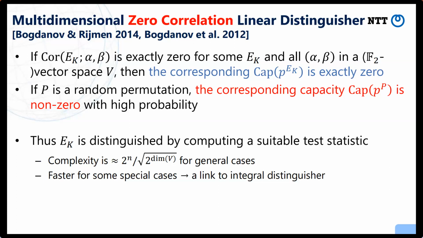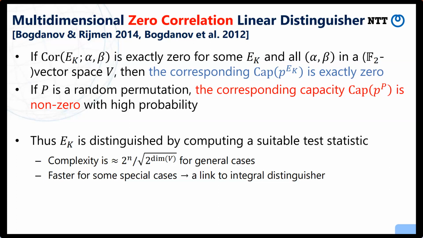On the other hand, for random permutation P, the corresponding capacity will be very small, but still non-zero with high probability. And so, again, we can distinguish the cipher E_K from random by computing some chi-square statistic. And the complexity is something like this. This is the general idea of the zero correlation linear distinguisher.